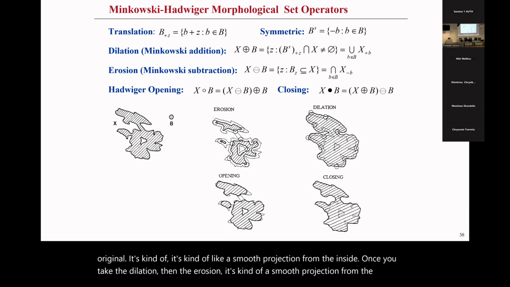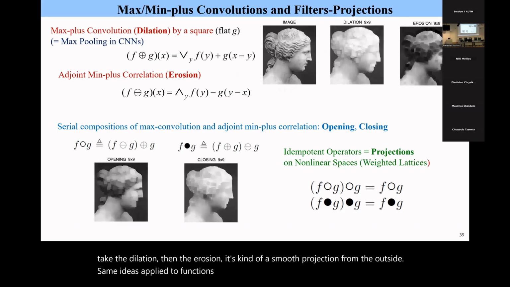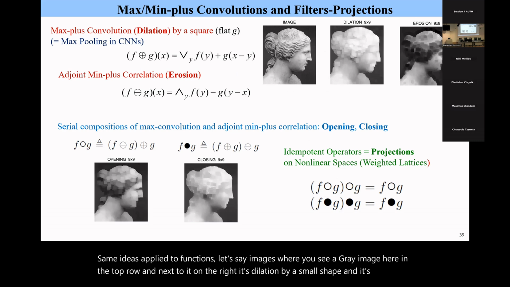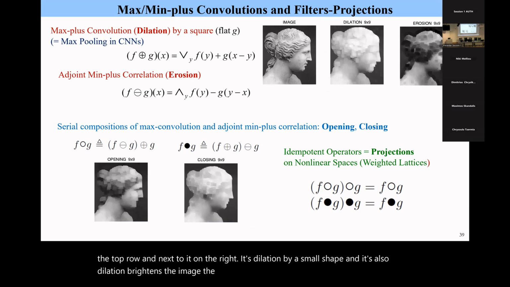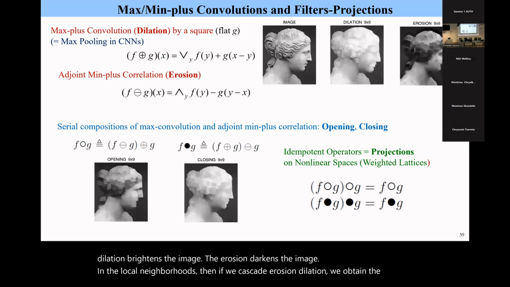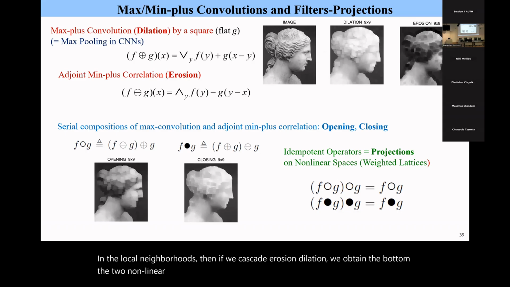Same ideas apply to functions, let's say images, where you see a gray image here in the top row, and next to it on the right, its dilation by a small shape, and its erosion. The dilation brightens the image, the erosion darkens the image in local neighborhoods. Then if we cascade the erosion and dilation, we obtain in the bottom the two nonlinear projections, which are nonlinear smoothers.